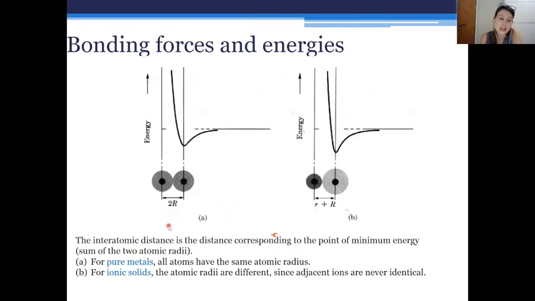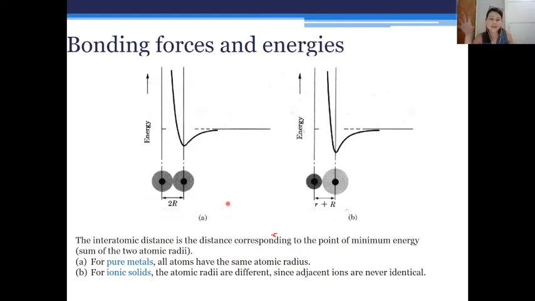Okay, and in the case of ionic solids, since ionic bonds are formed by two different atoms, one which is located more in the right part of the periodic table, and the other one on the other side of the periodic table, we should consider that the radii are very different.